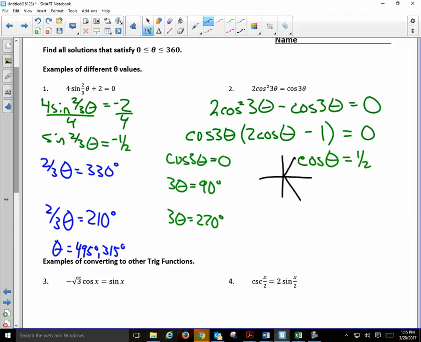Inverse 1/2 for cosine? 60. So now I've got, whoop, forgot the 3 in front of that. So I got 3 theta is equal to 60. And 3 theta is equal to 300. I forgot it. It was sitting right there the whole time. Oh, there it is, right there. Sorry.